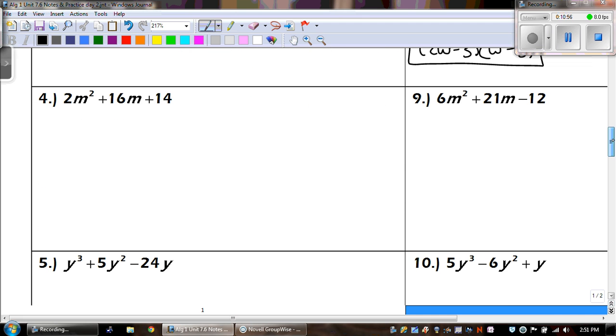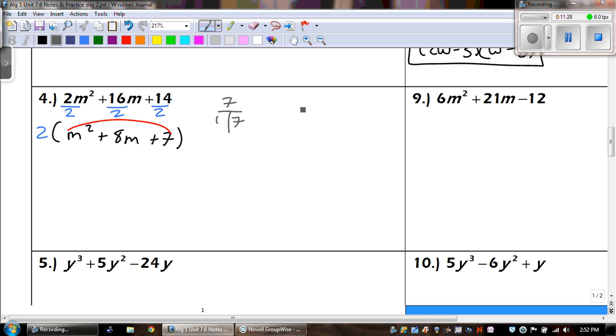All right, number 4. Ask yourself, is there a GCF? In this case, there is. Okay, so we have to take out a GCF, and GCF is 2. So the 2 comes out front, and then we're left with m squared plus 8m plus 7. Okay? And then we do the same thing. We multiply. We get 7.